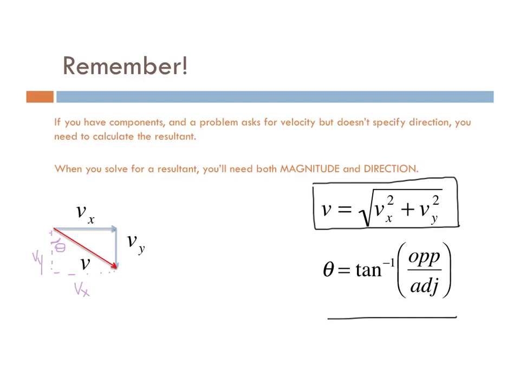Again, when I solve for that angle, what that actually tells me, let's say it was 45 degrees, that's not actually the angle of my vector because I know a 45 degree vector would be pointing up and to the right.